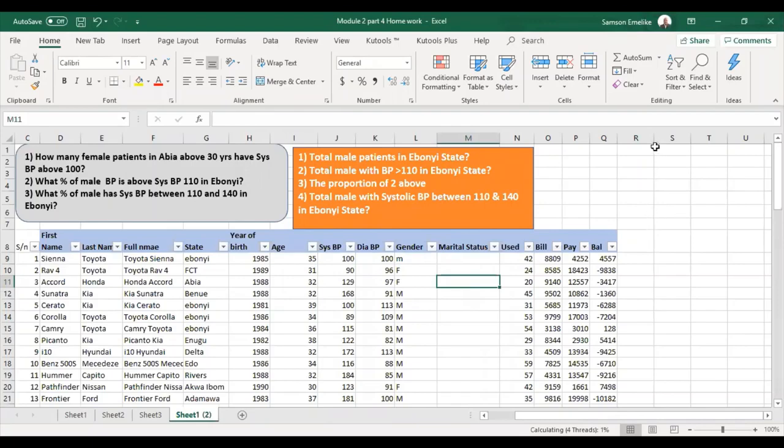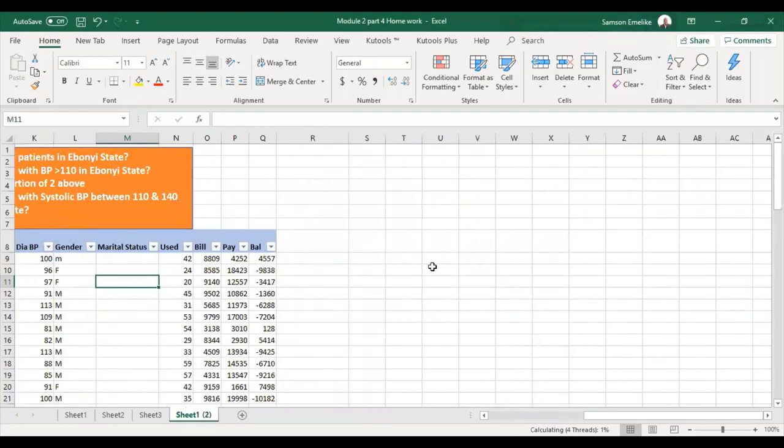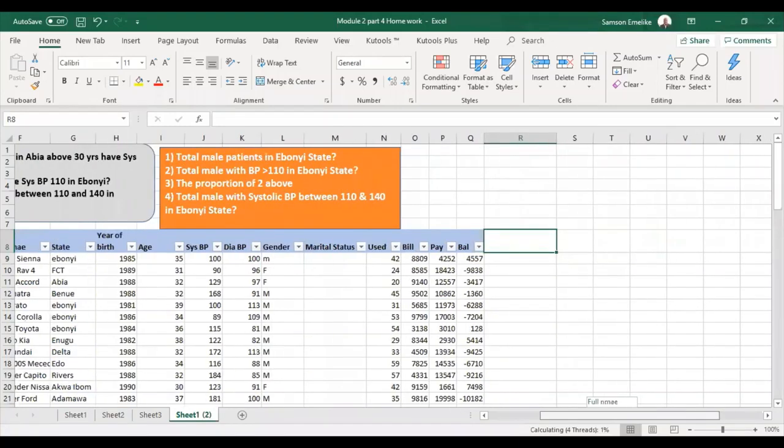I can't remember if it was in another session that I asked about this. Let's just generate this.